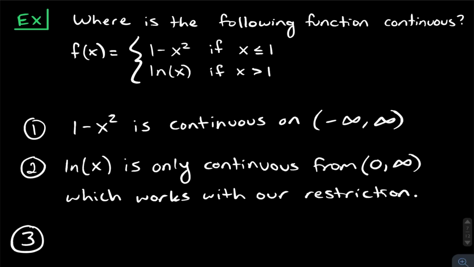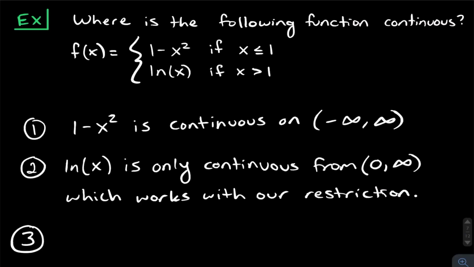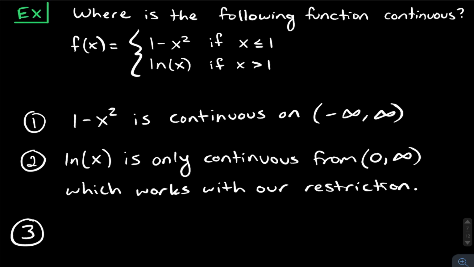All right. Third, though, we want to check at x equals 1, because that's where we're transitioning from one function to another function. That's where we could have that gap, and therefore our domain wouldn't equal our continuity. So we need to see if that's continuous. Now, what is our condition for this to be continuous? Well, remember from the orange section, I believe, f of 1 needs to equal the limit as x approaches 1 of f of x.